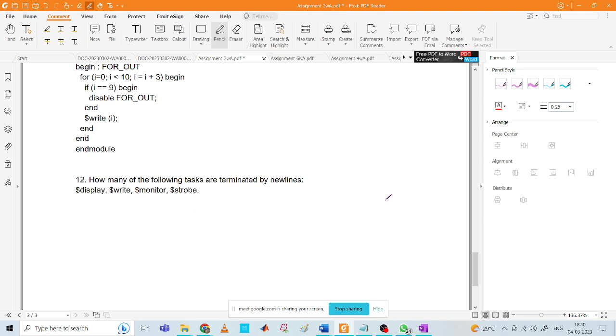How many of the following tasks are terminated by new lines? See this right, it is not terminated by a new line.